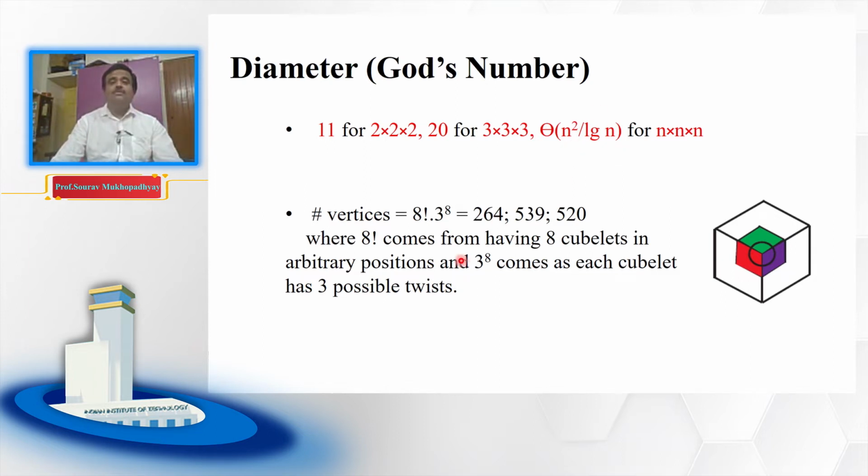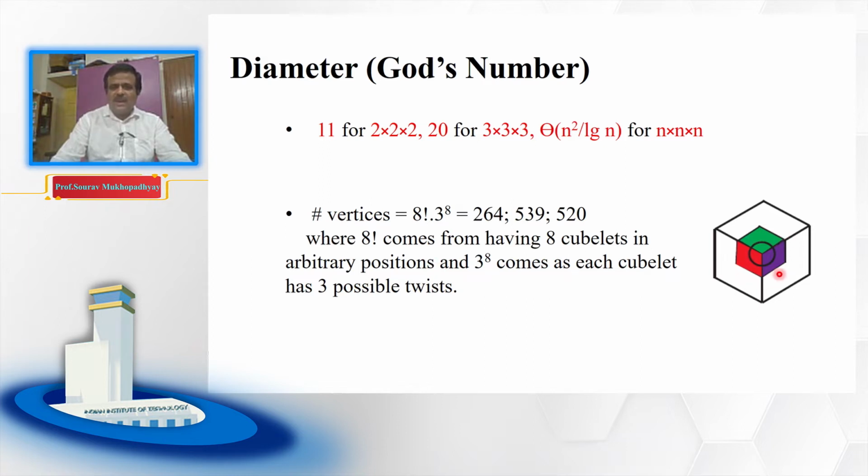Now, you may be interested to know how many vertices there are in that graph for just a 2 by 2 by 2 Rubik's cube. It is a huge number. Why? Because if you just take a cubelet, how many cubelets are there? 8 factorial cubelets.